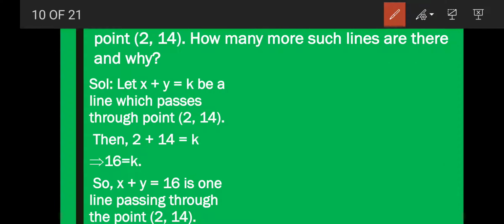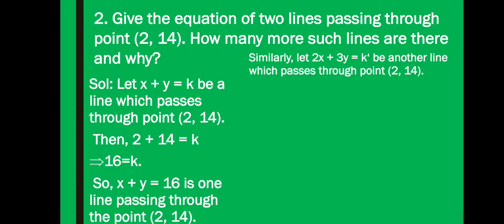Now for the second equation, let us consider 2x plus 3y is equal to k dash be another line. That is the second line which is passing through this point.